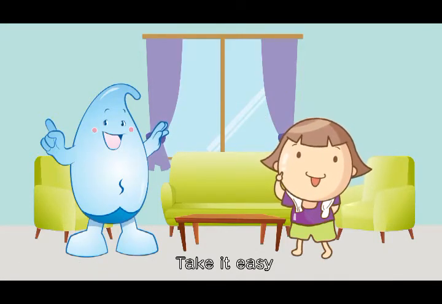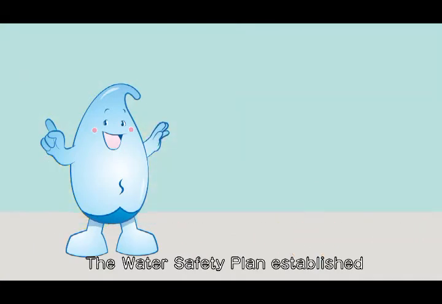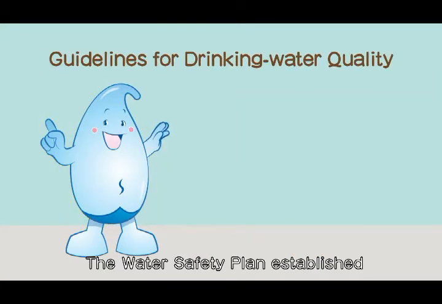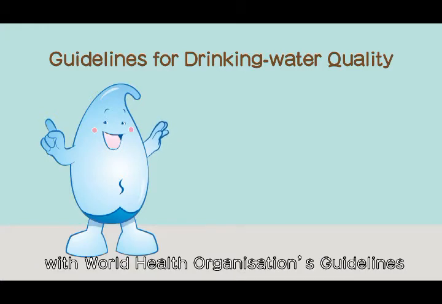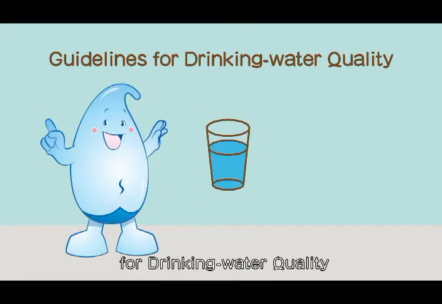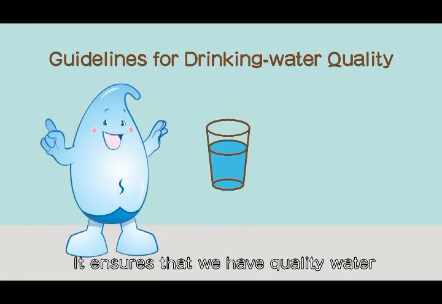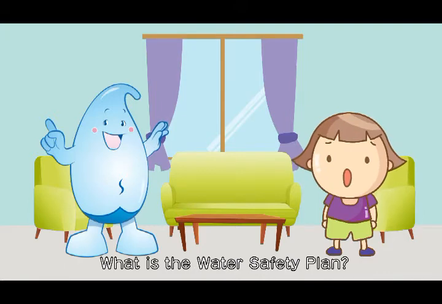Take it easy. The Water Safety Plan established by WSD complies with World Health Organization's guidelines for drinking water quality. It ensures that we have quality water. What is the Water Safety Plan?